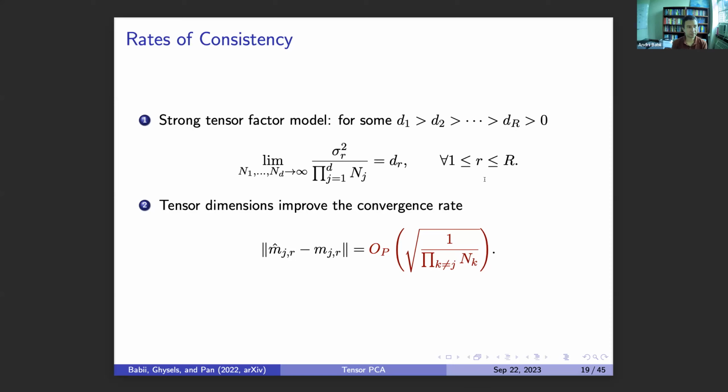Yes, that's a good question. If you have, for example, a three-dimensional tensor and we put it as a sequence of panels, this assumption is common to all panels. We have the same factor strengths no matter which matricizations we consider. And it's going to be a product of norms of loadings and factors. So if you just have a two-dimensional factor model, this sigma would correspond to the norm of the factor times the norm of the loading.